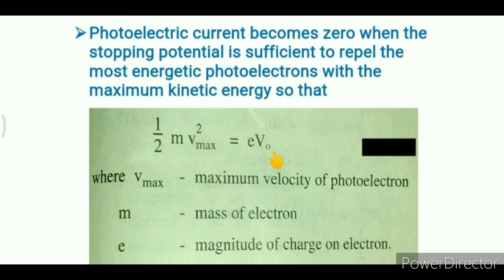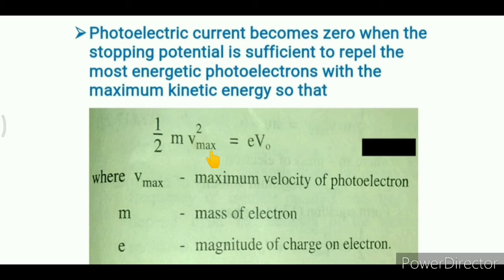That's why we can say that the potential V naught is said to be the stopping potential, at which the photoelectric current becomes zero. So this stopping potential is applied to each electron having the magnitude of charge e, and hence this much amount, eV naught, is actually applied to those photoelectrons having the maximum kinetic energy.